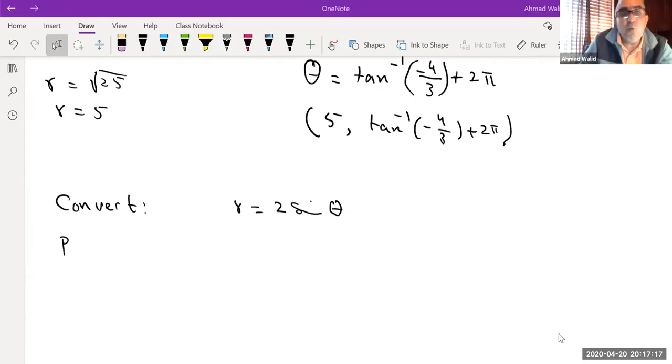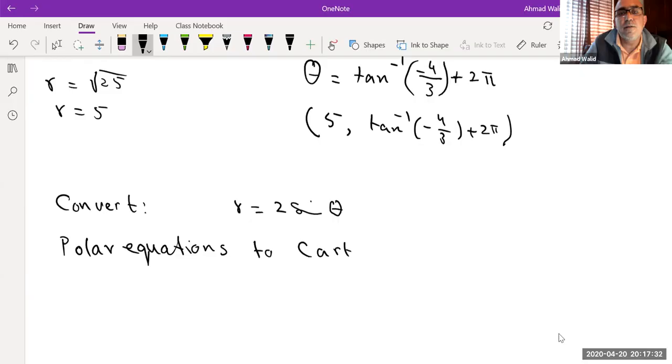Okay, now we are talking about converting polar equations to Cartesian. How to convert a polar equation to Cartesian?